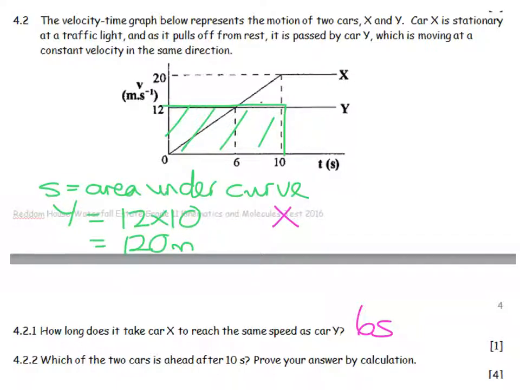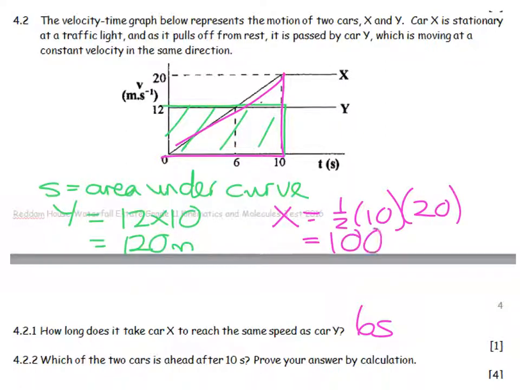X is a triangle which is half of the base multiplied by the height, which is 100 meters. Therefore, Y is ahead, and it doesn't tell you by how much, but it is ahead by 20 meters.